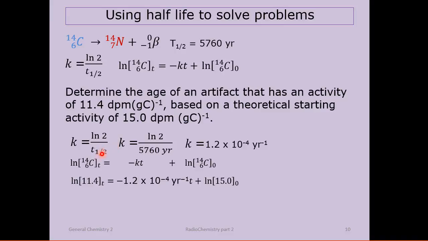We're going to put the final disintegrations in for time, and the original disintegrations in as the starting amount. And once again, this shows the flexibility of the types of materials that you can put into the integrated rate law because of the intrinsic nature of carbon-14. So anyway, you plug and chug and you solve that this artifact is 2.3 times 10 to the 3 years.